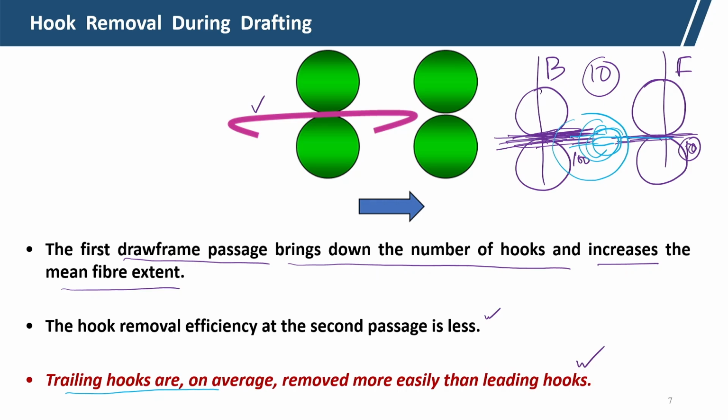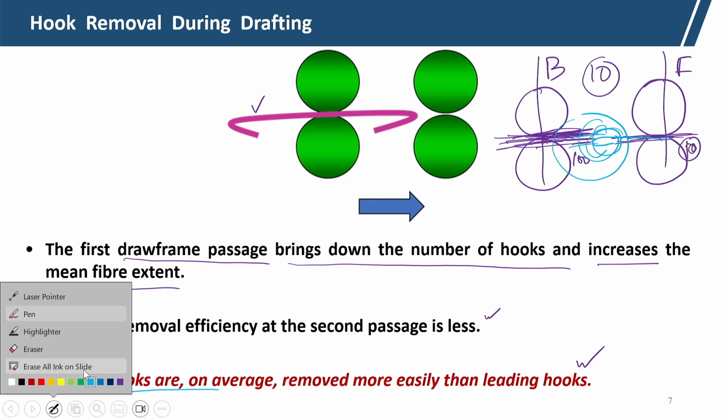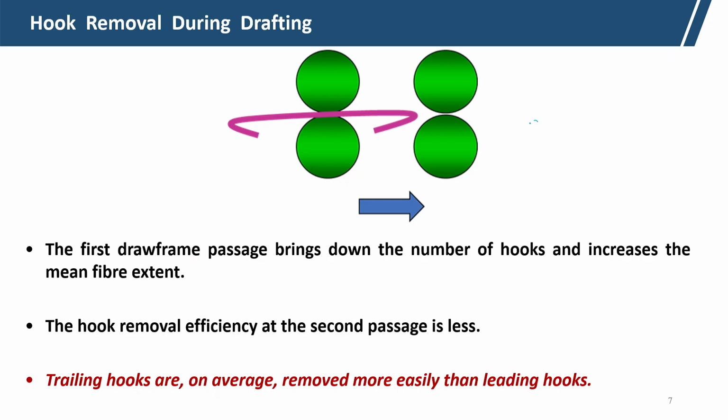But on the other hand, if we consider a leading hook, so there is a leading hook here, okay, but this will only be removed by the pull of the faster moving fibers, but the number of faster moving fibers is relatively less than the others.